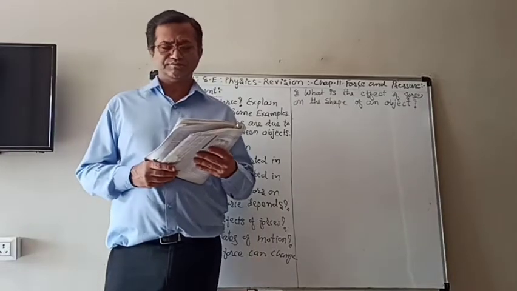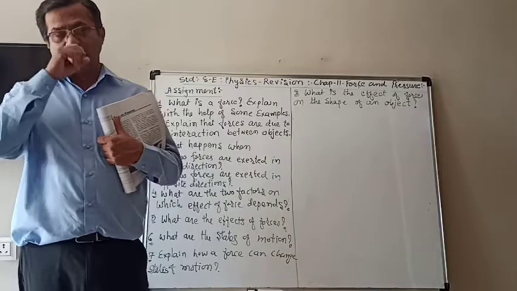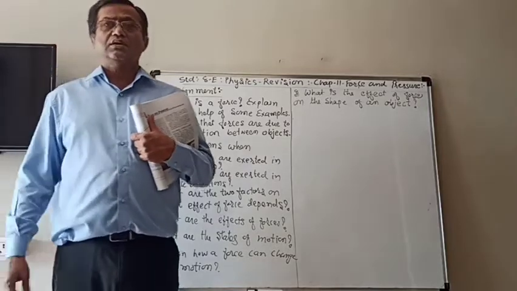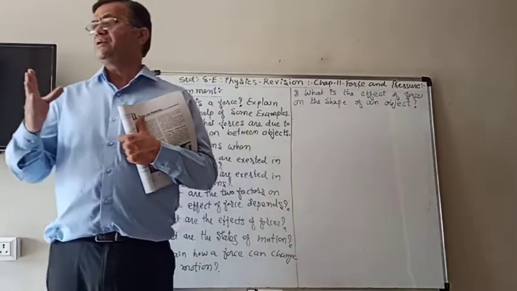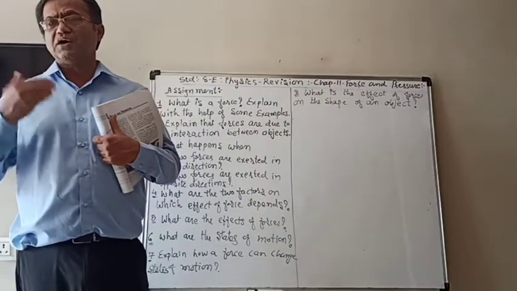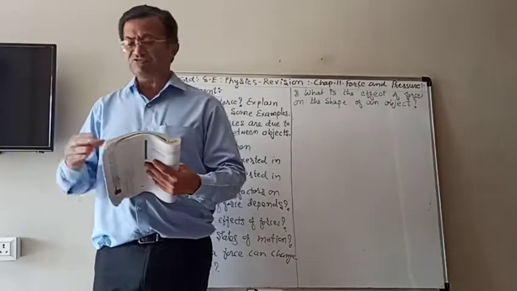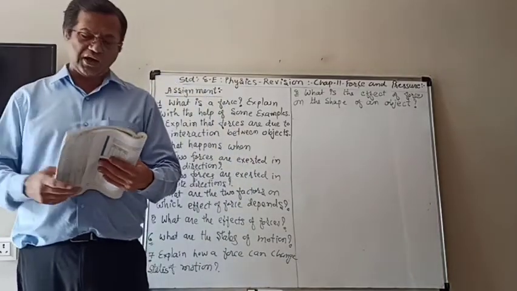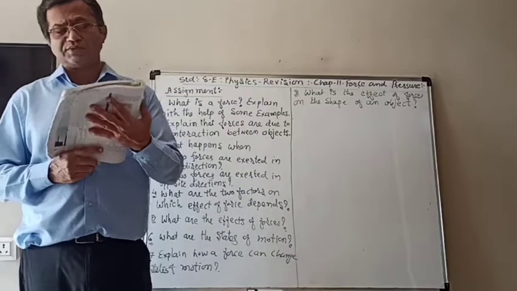So in all these situations, you can see that there is motion, and sometimes the speed is increasing, sometimes decreasing, means we made it faster or slower, or sometimes we change the direction of the motion also.